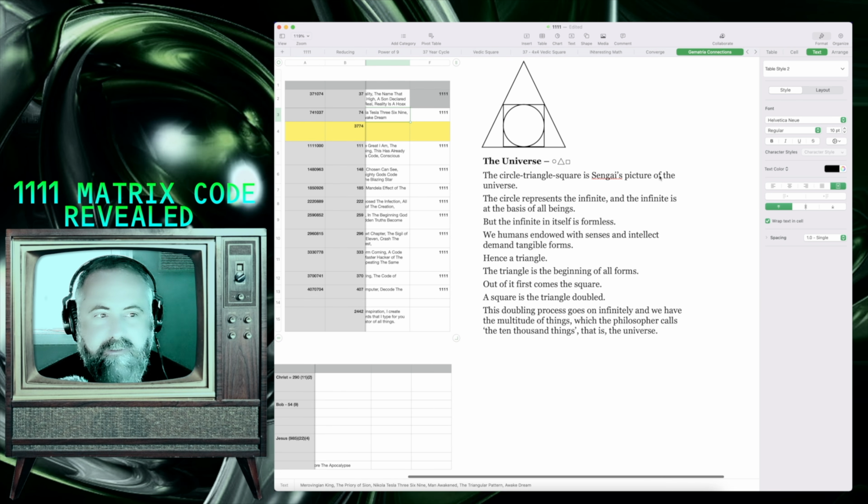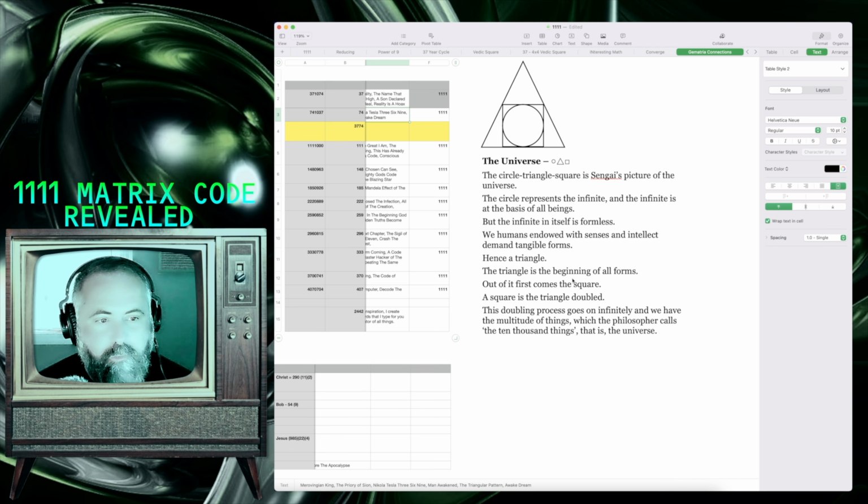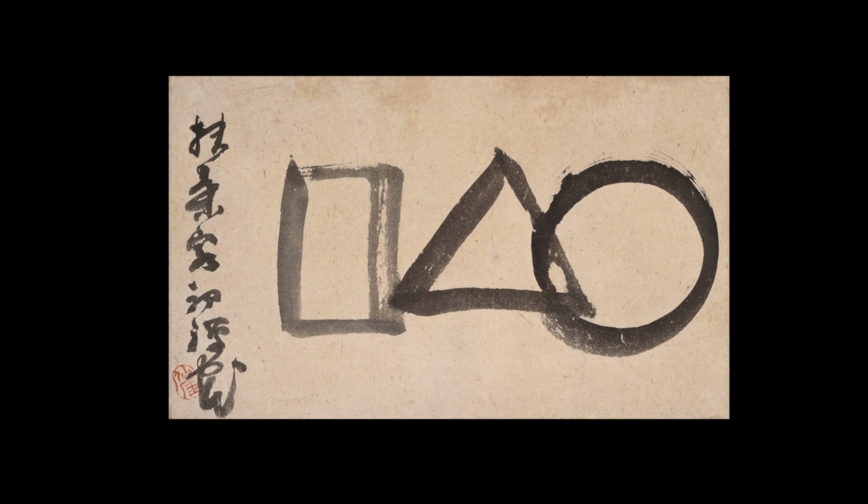But this also led me to the internet, where I found this image. And this is a painting by a Japanese monk whose name is, and forgive me if I mispronounce it, Sengai.